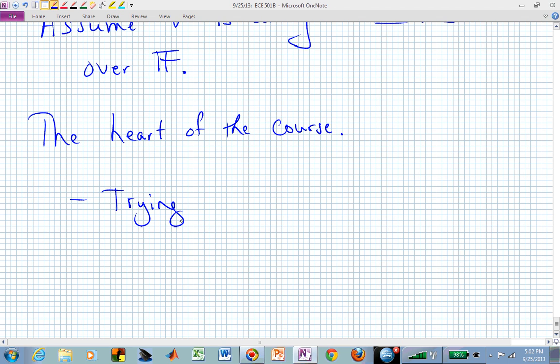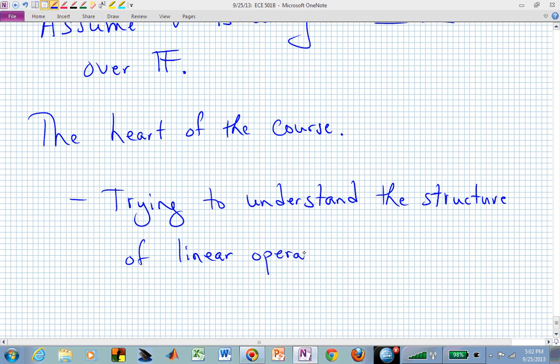Which is really, we're trying to understand what happens, or the structure of linear operators.